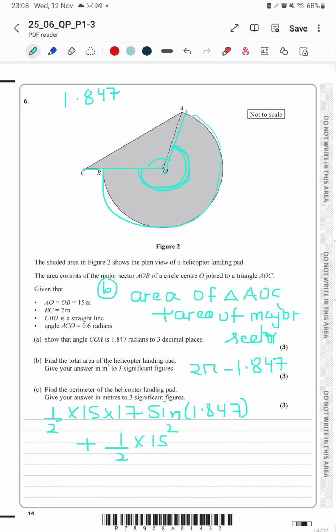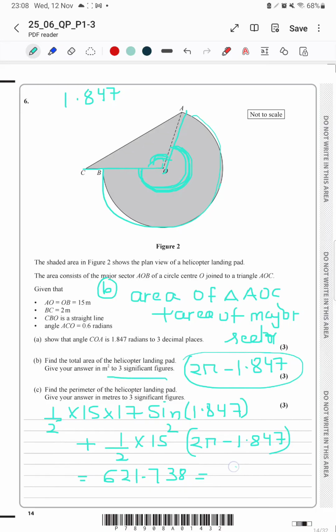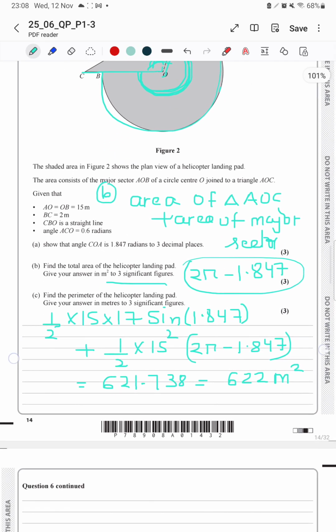And this theta is basically this angle, because this angle is 1.847 and we need to find the major area, so it will be 2 pi minus 1.847, and then you keep it in brackets. When you solve this part, you will get 621.738, and because we have to give the answer to three significant figures, it will be 622 meters squared.